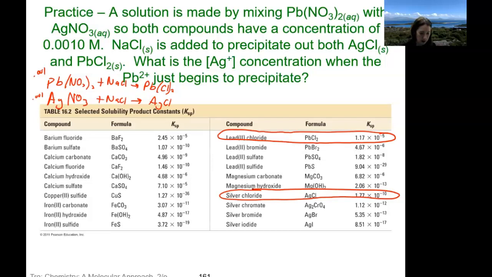And remember, the amount of Pb we have is 0.001, and the amount of Ag we have is 0.001, but who knows how much NaCl we have? We don't know how much Cl we have, because it just says they added. And again, the Na means nothing to us, right? They added Cl. We don't know how much Cl we've got. Okay, so let's try this one.